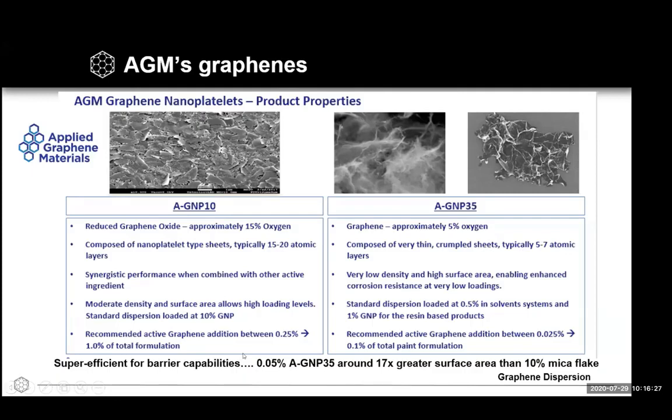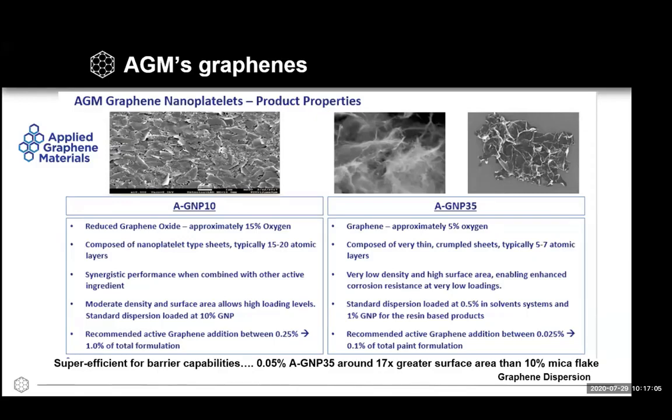And on the right-hand side of this, a very different type of material named AGMP 35, low oxygen content, high carbon content, morphology-wise, very, very different. So thin, crumpled sheets, around 5 atomic layers thick, very, very low density, very high surface area. And in particular, we have used this material to great effect through our dispersion technology into the world of anti-corrosion coatings. Very low loadings that we use in those applications.